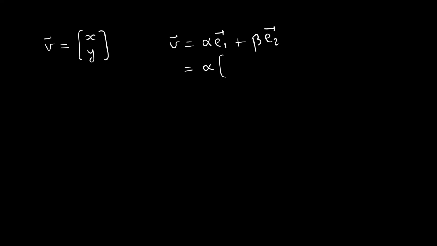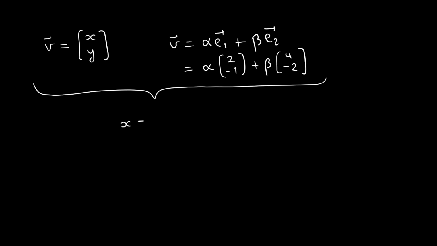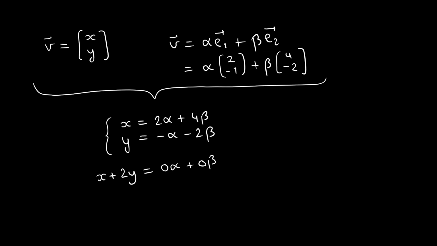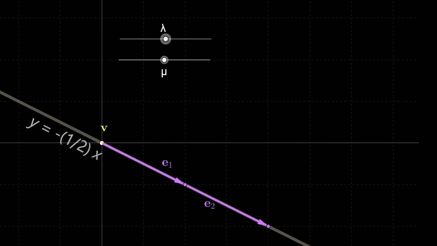In this case, the two vectors are parallel, and so they are scaled versions of each other. If we try to solve this system like we did earlier, we will see that the system does not have a solution in general. It has a solution only if y equals minus a half x, which is precisely the line spanned by the two parallel vectors.